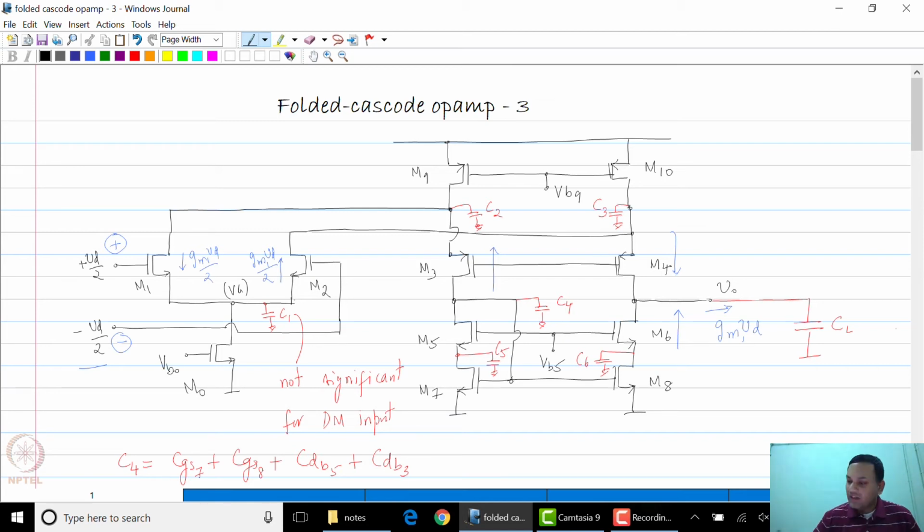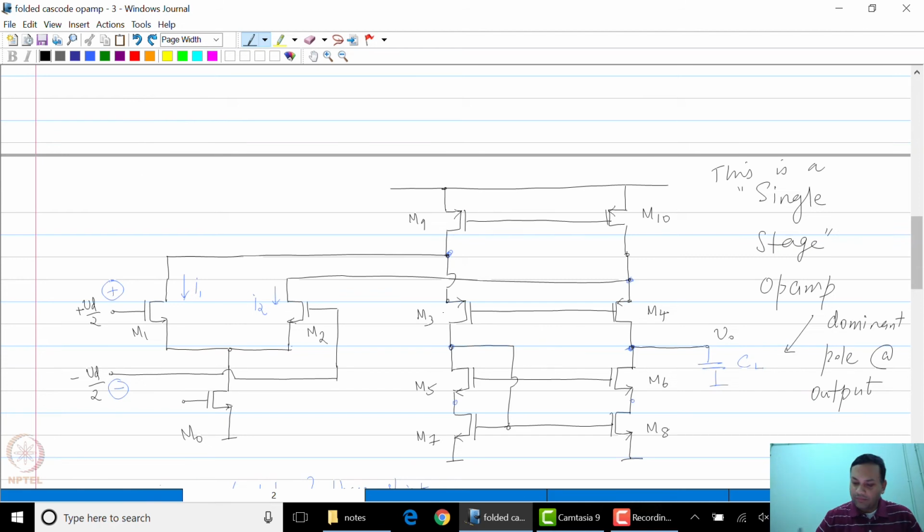So there are 4 voltages that need to be applied to the folded cascode op-amp: VB0 for M0, VB9 for M9, VB3 for M3 and VB5 for M5. So for completeness sake, let me make sure that the voltages are added here also.